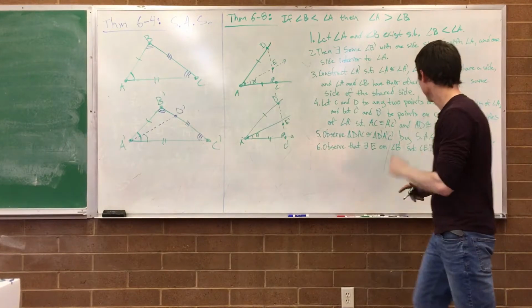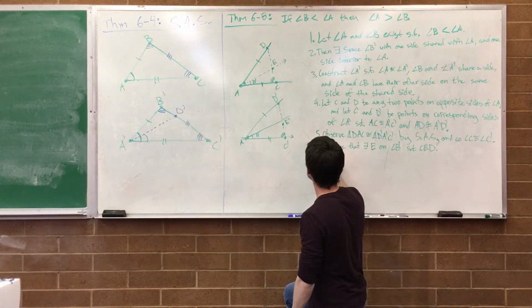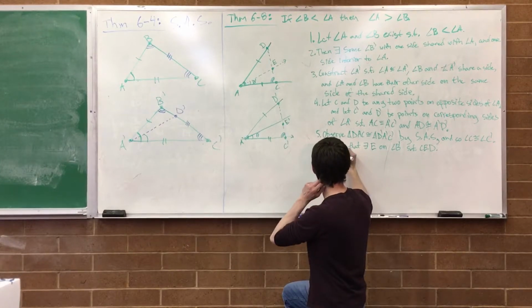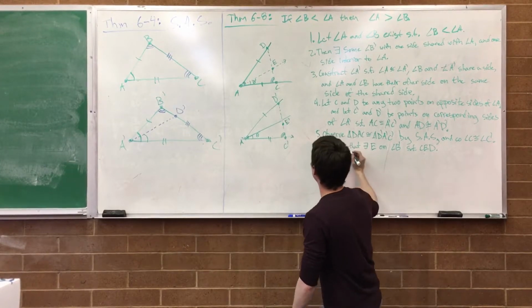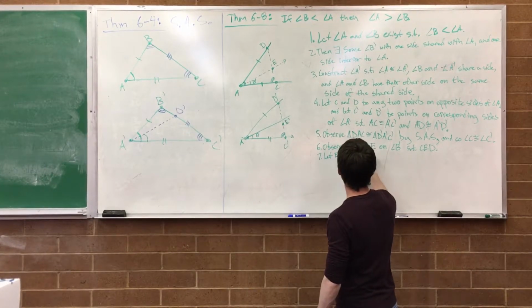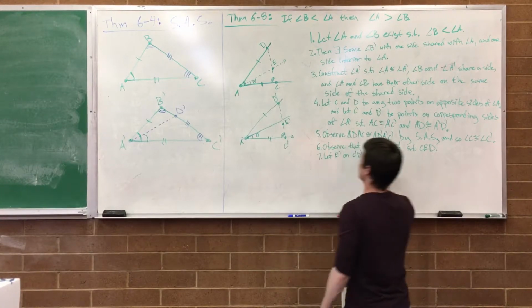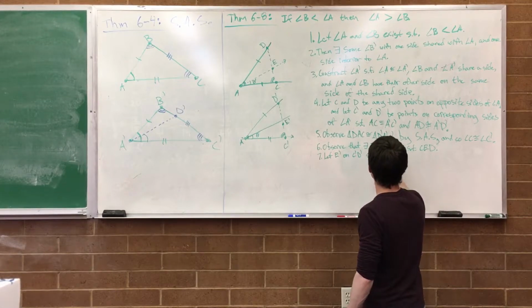Okay? So 7, let E prime be on segment C prime D prime such that C prime E prime is congruent to EC.